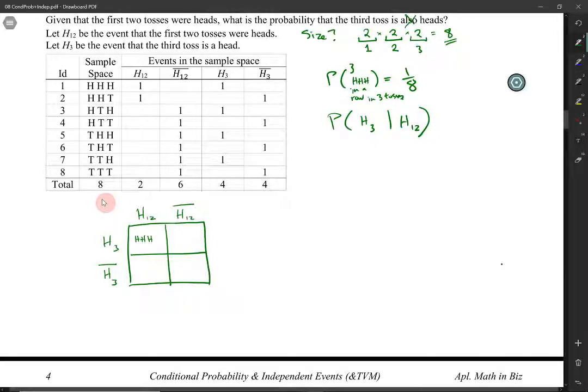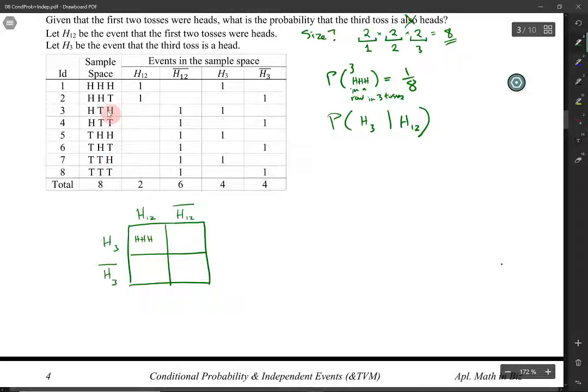And so not heads in 1 and 2, and the third one is heads, right? That would be this one, and this one, and this one, actually, right?